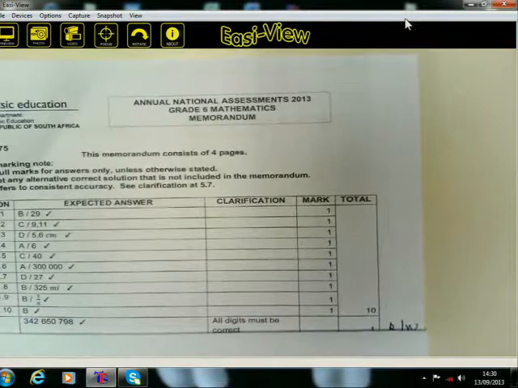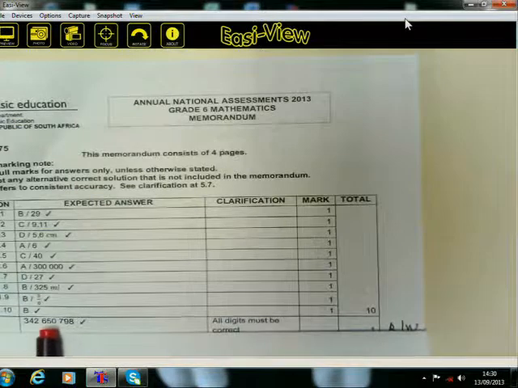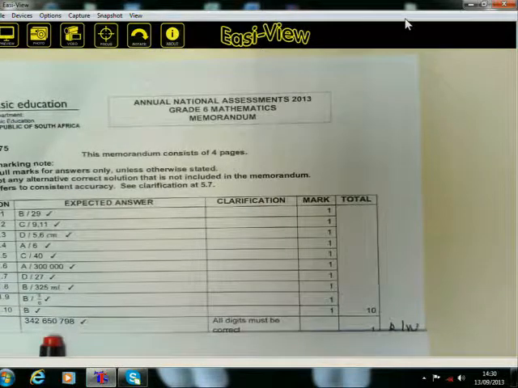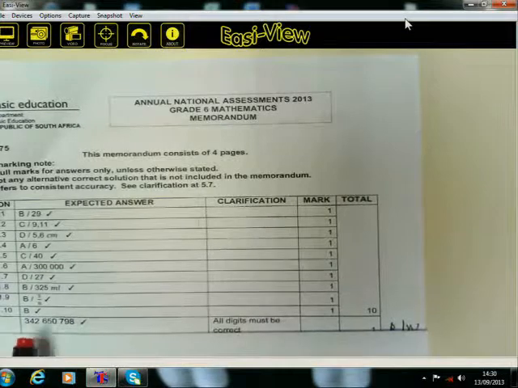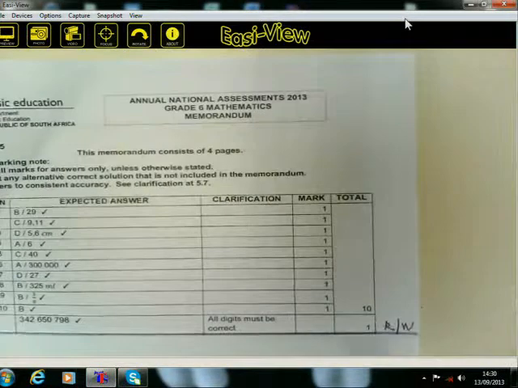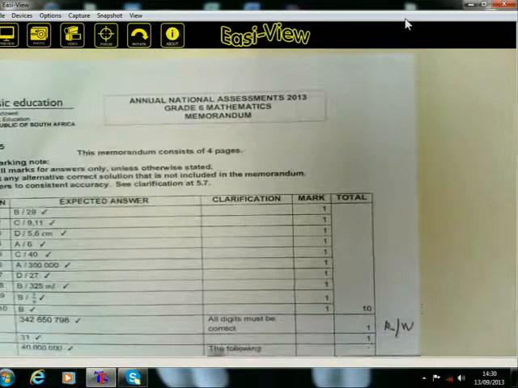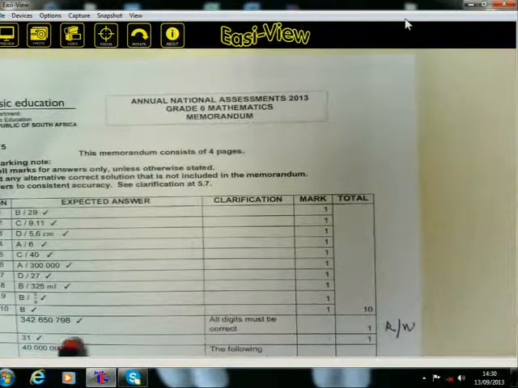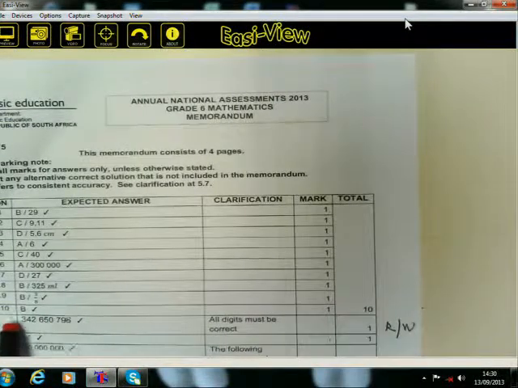In some instances, you will find that the learner writes this without leaving the space. So in that case, we cannot penalize the learner as long as the number is correct. We cannot penalize him or her. And then, under the clarification there, they say all digits must be correct. In other words, everything here must be correct.